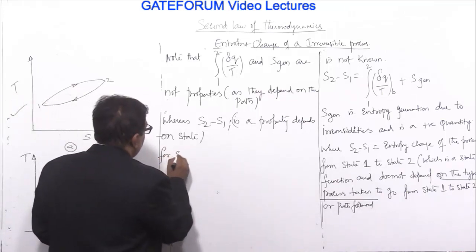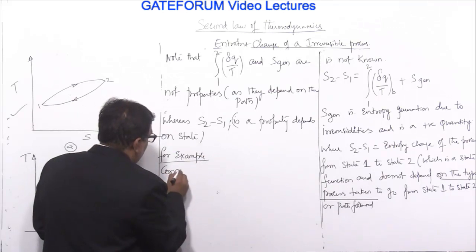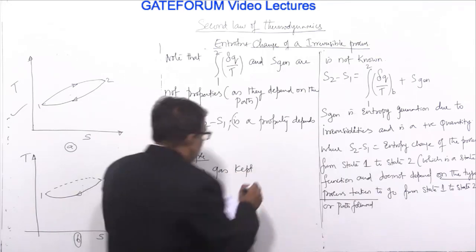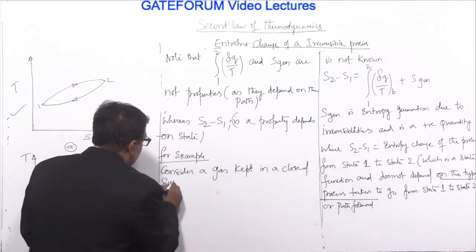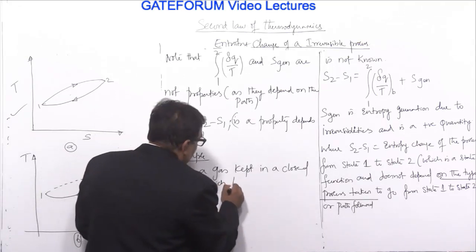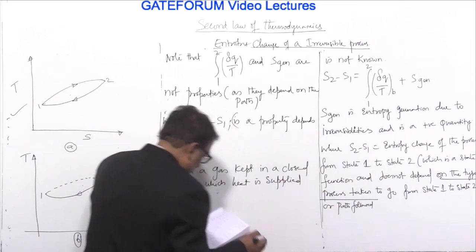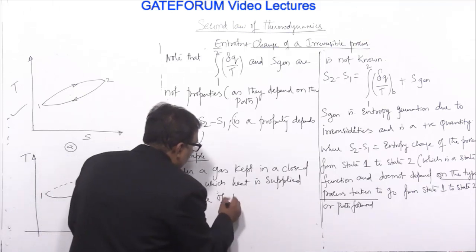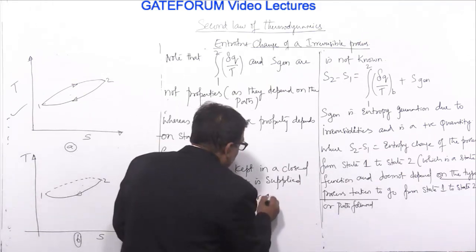Now, for example, consider a gas kept in a closed system to which heat is supplied from one side of a reservoir at temperature Tr.